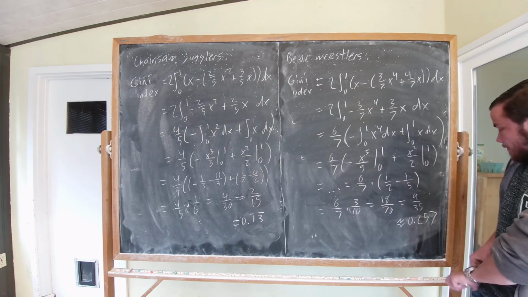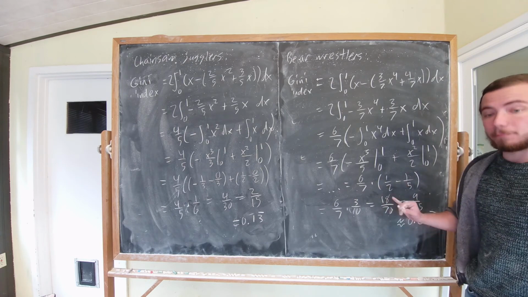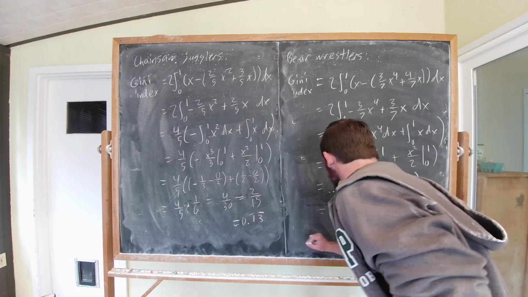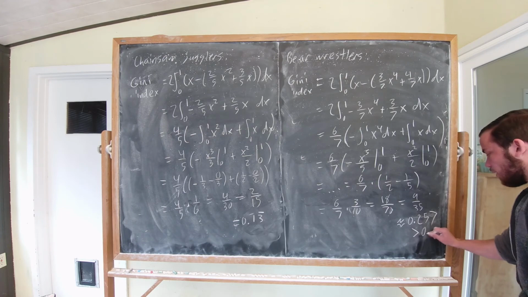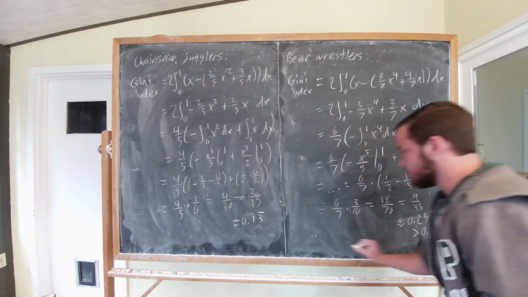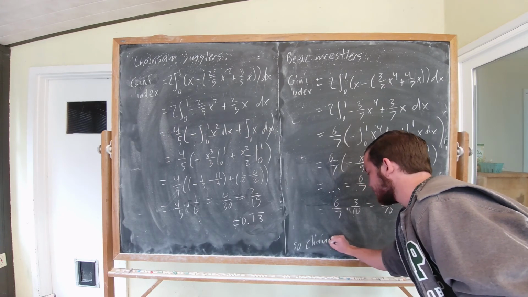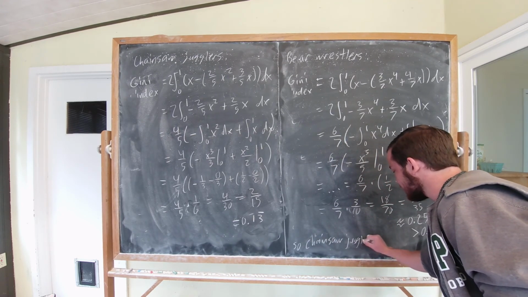So, looks like the bear wrestlers are more inequitable than the chainsaw jugglers. So this is greater than 0.13. So chainsaw jugglers are more equitable. How progressive.